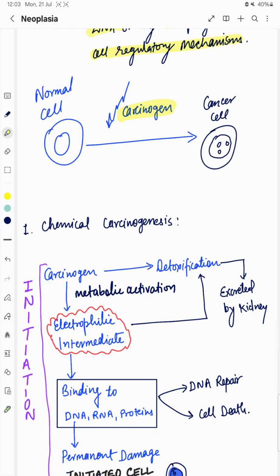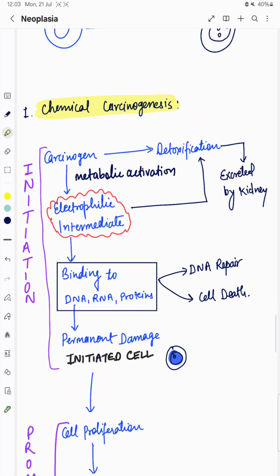In this, first we discuss the chemical carcinogen. How a chemical can act as a carcinogen and result in cancer formation. A carcinogen, by metabolic activation, is converted into an electrophilic intermediate, which by detoxification can be excreted by the kidney, or the carcinogen can directly be detoxified and excreted by the kidney.